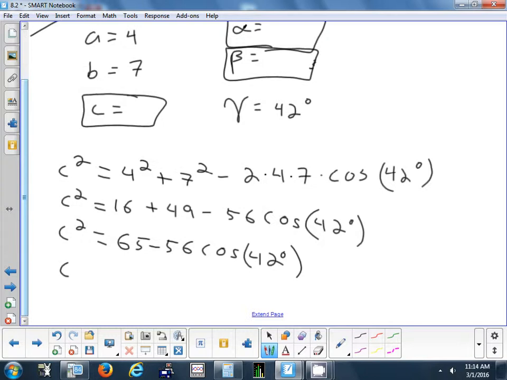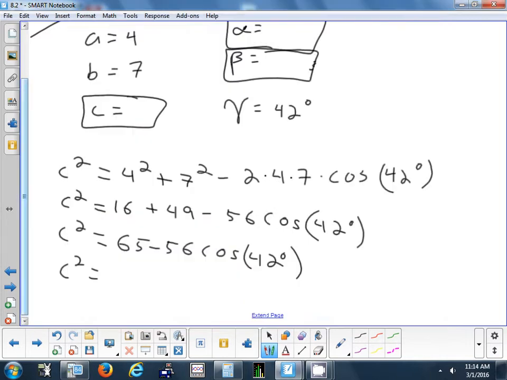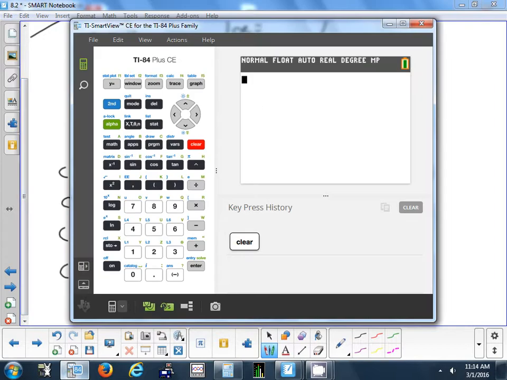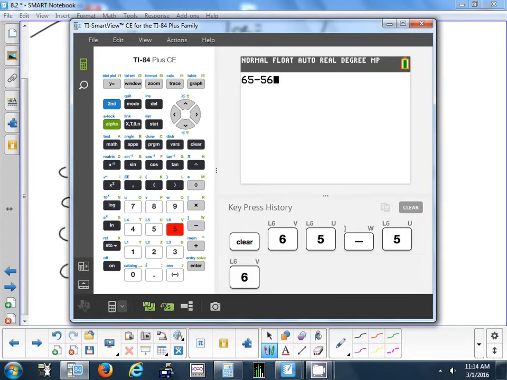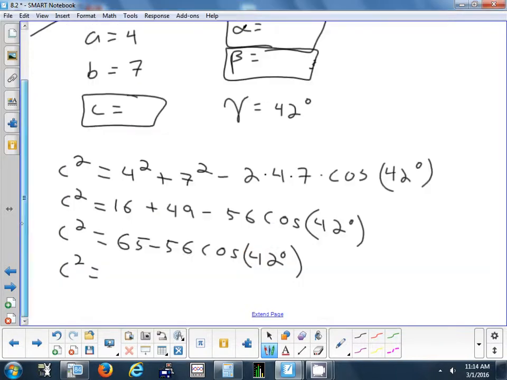I'll take the cosine of 42, and we're going to multiply that by 56. In fact, at this point, I could type all that into my calculator. If you want to do this part separately, you can. But let's type it in. So we have 65 minus 56 cosine 42. Make sure you're in degrees. So I get 23.384.